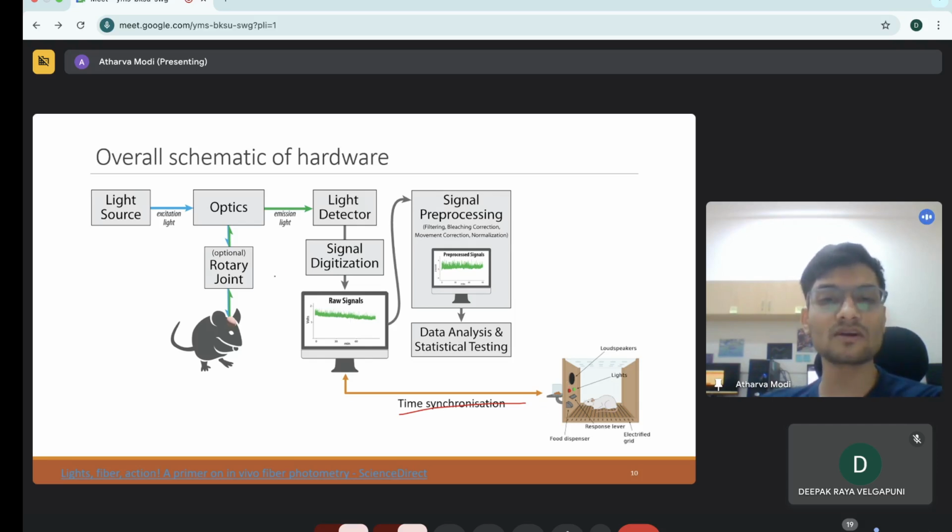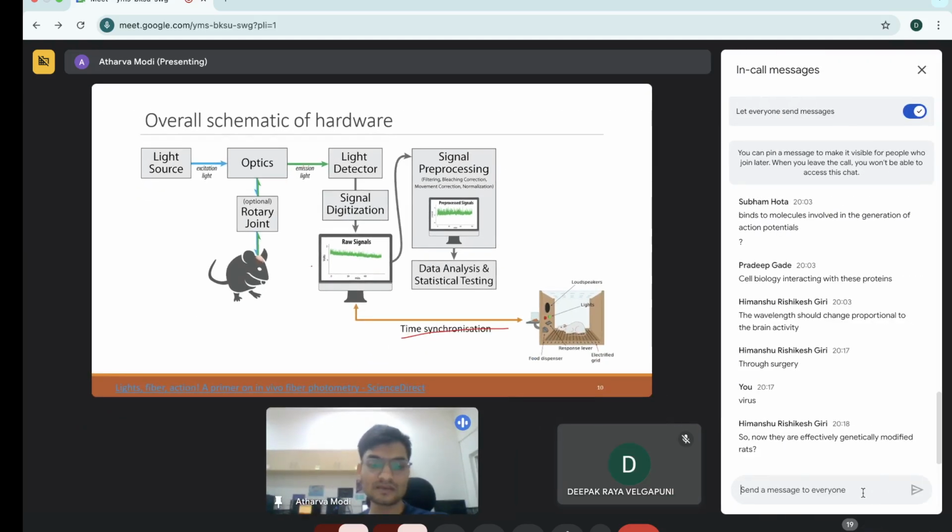Both are on different clocks. So at every measurement you need to send the time of behavioral events in this. You need to synchronize both the clocks. You need to know how many milliseconds have passed in this clock when it's 7 milliseconds here. So you can calibrate both the clocks together and then get signals for each behavioral event.